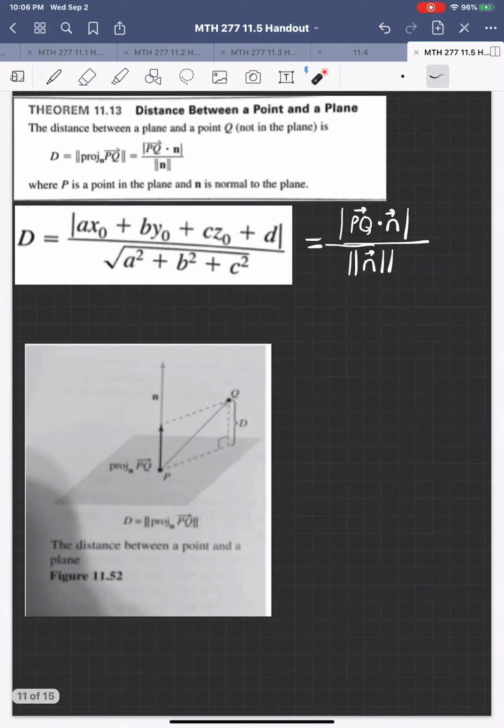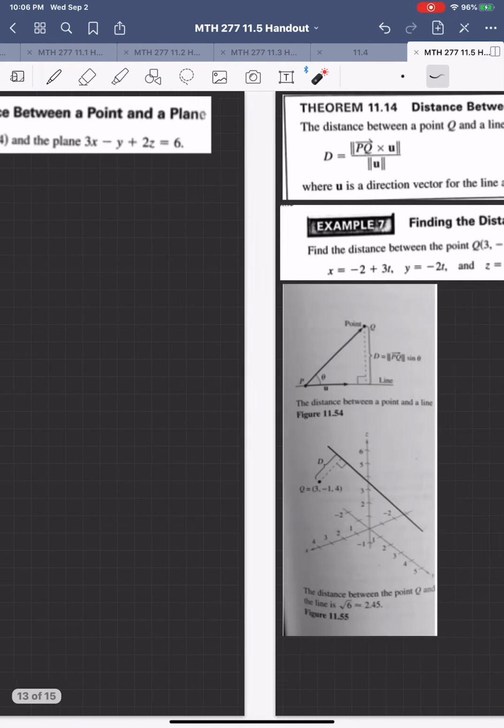These are just two formulas that you're just going to have to have access to, right? If you want to find the distance between a point and a plane, here's your formula. I'm going to skip ahead and then come back. So here's the formula for the distance between a point and a plane.